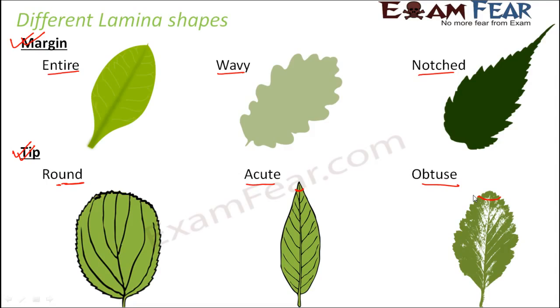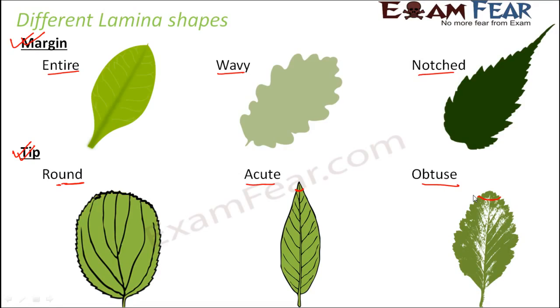Now if you have terminologies like this, you can observe a plant and just tell that okay, this plant has a wavy leaf with an obtuse tip. Somebody will very clearly understand that the margin of the leaf is in the shape of a wave and the tip of the leaf is not very thin.